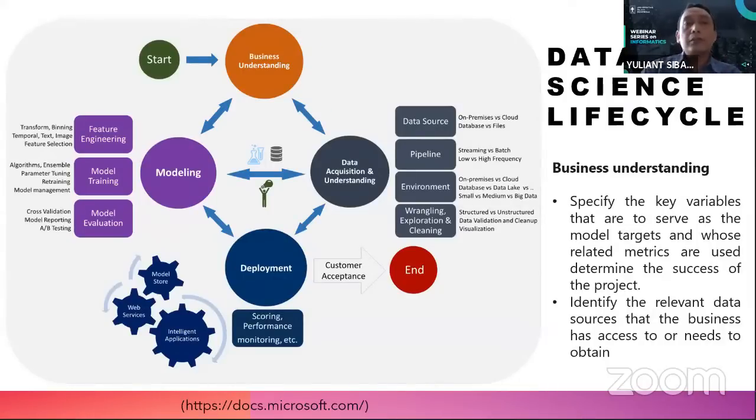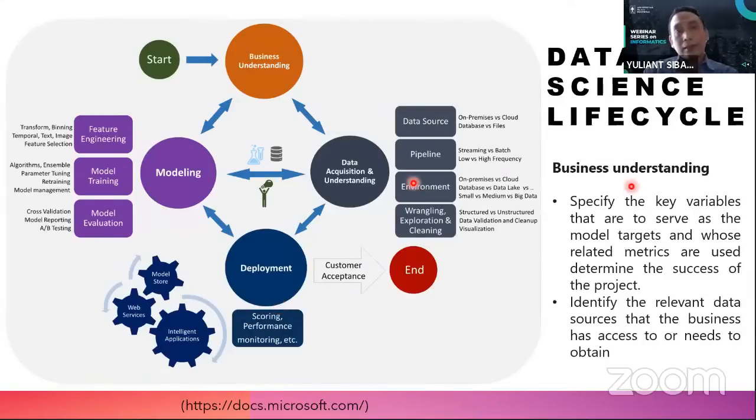The second is data acquisition and understanding. The third is modeling, and the fourth is deployment. The four processes have a relationship, and this is the explanation for the business understanding.